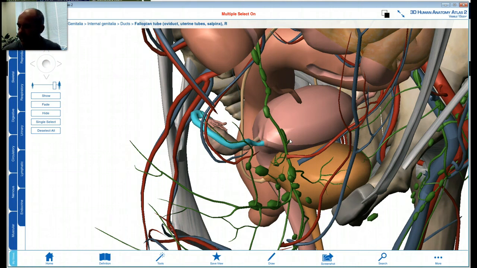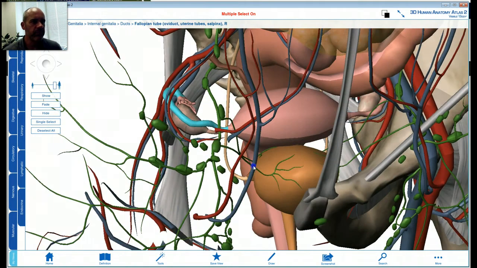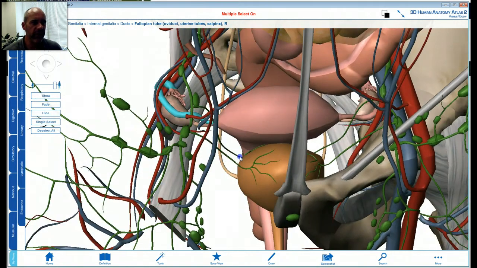And that is actually not on your study guide here for Unit 1, so you don't have to know that, but since you have to know ovary and uterus, it's good to see the fallopian tube that connects them as well.